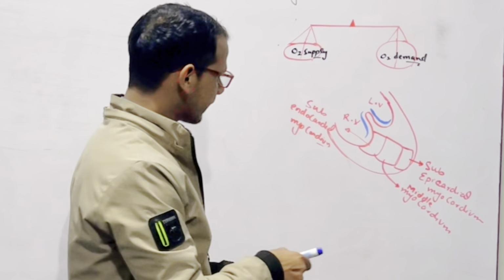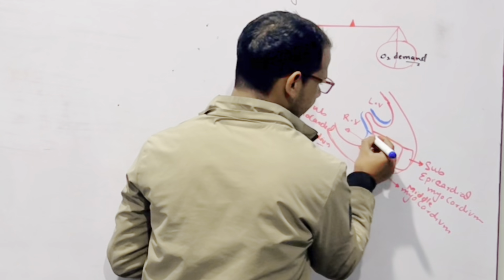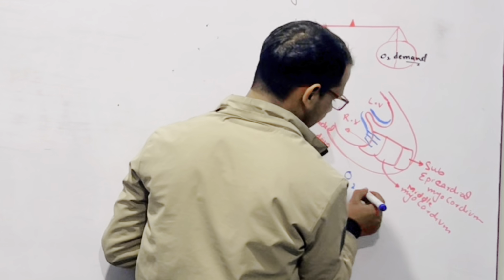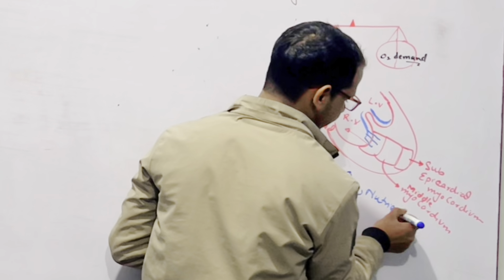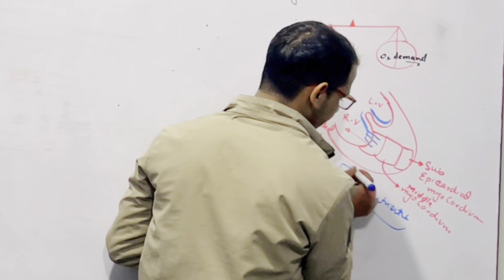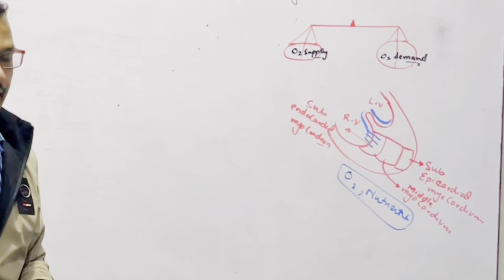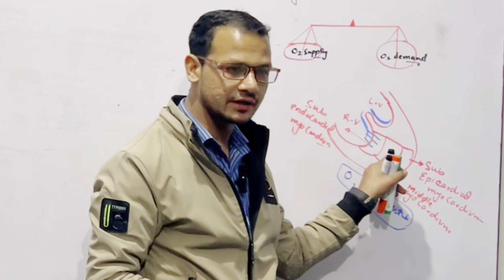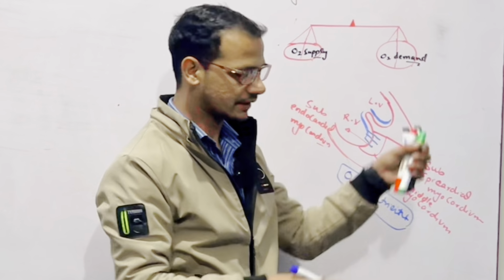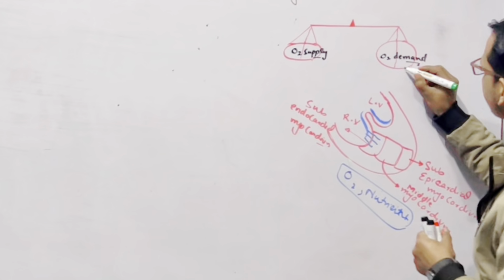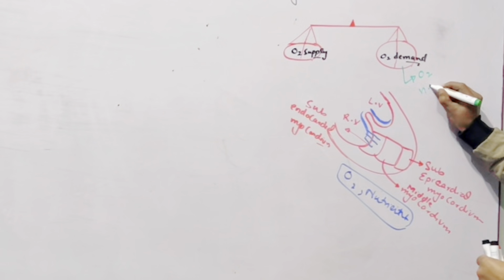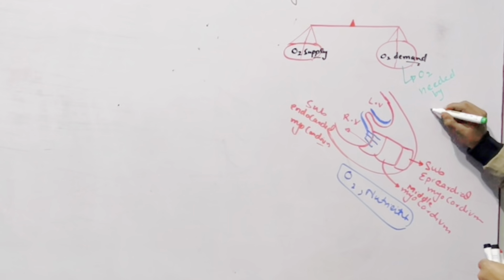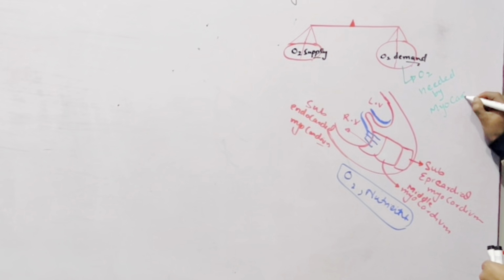These muscles take oxygen and nutrients from the coronary circulation, and the oxygen needed by the myocardium for normal function is called oxygen demand.